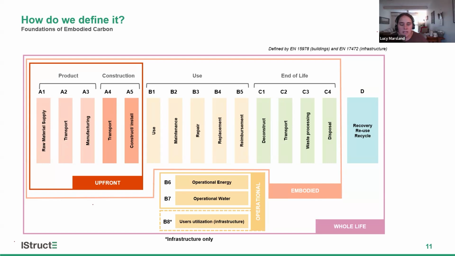And then when we look at end of life, that C stage and onwards into the D stage, beyond the boundary, that is when we get to call this whole of life impact or whole of life carbon. So learn some of that notation so that we can all speak the same language when we're working on projects.